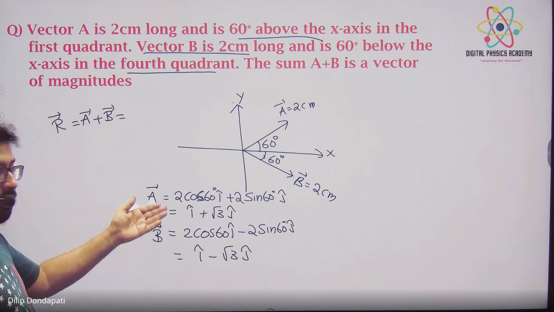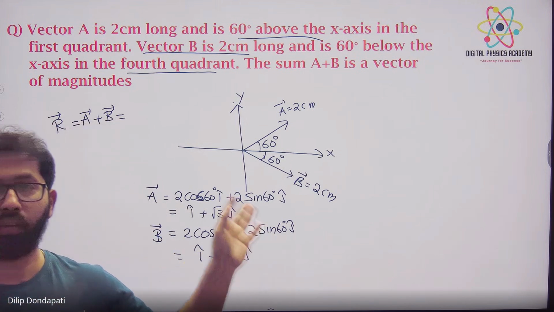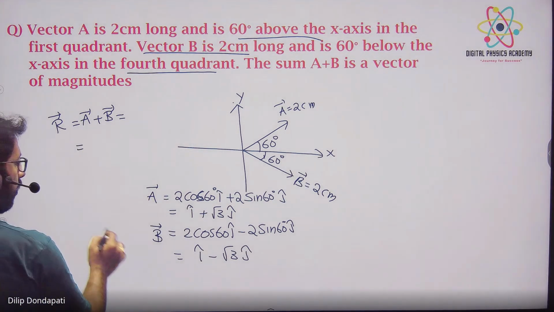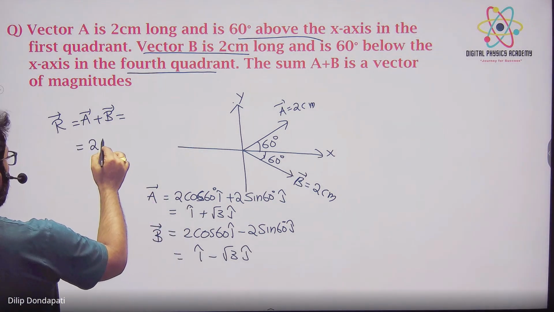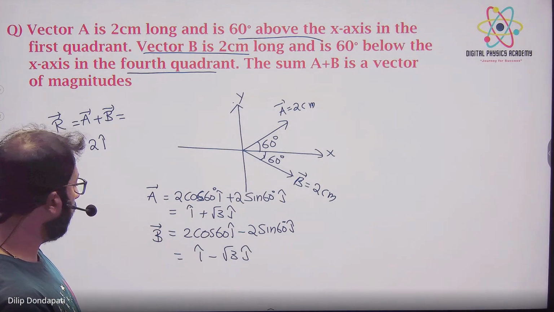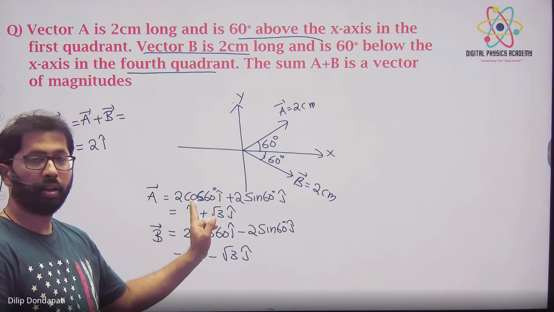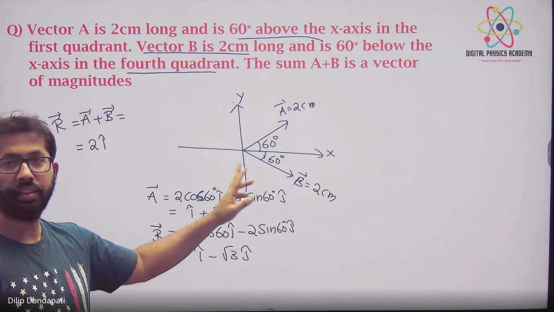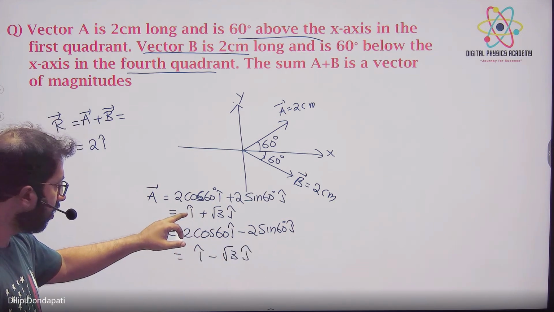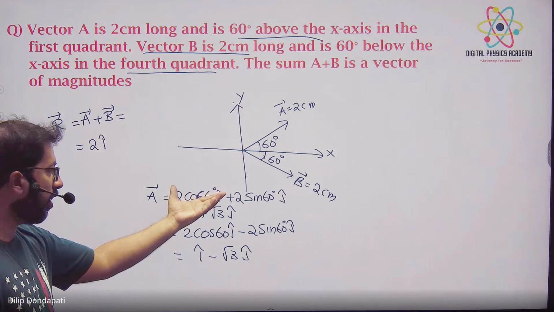Now you got A vector, B vector, right? Now add करो. I cap, j cap are unlike terms, we can't add them.